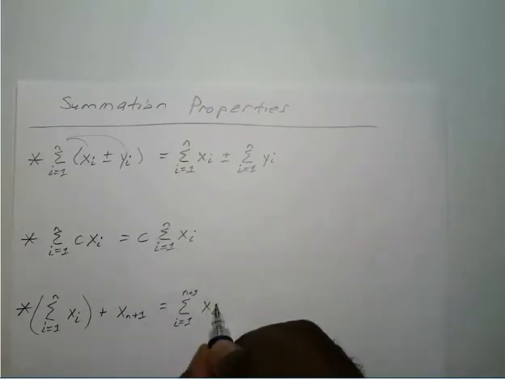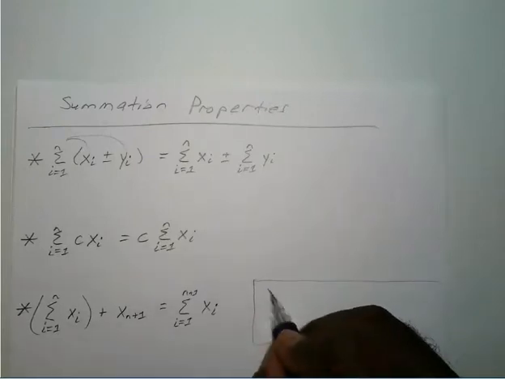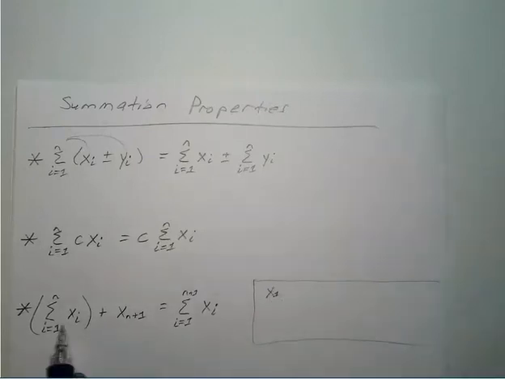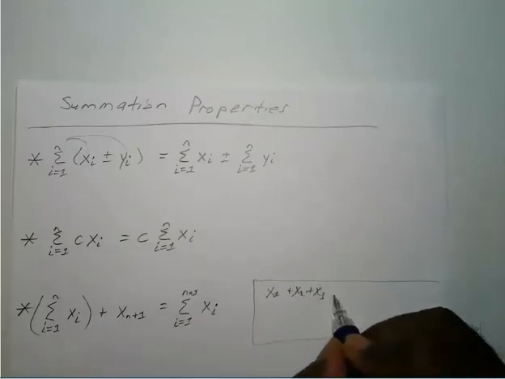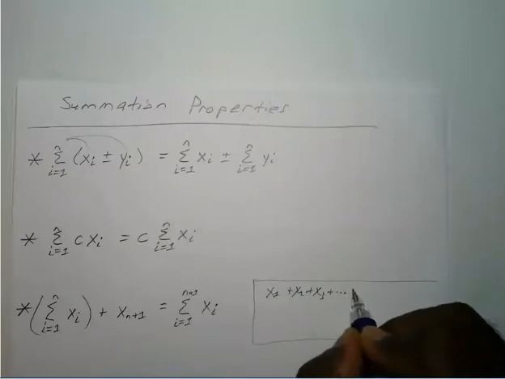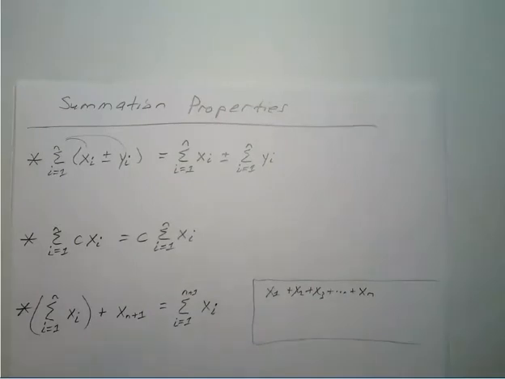Just to give a quick explanation as to why that's so, if you replace i with 1 here, you'll get x of 1. Replace i with 2, you have x of 2 plus x of 3, and it'll keep on going all the way until you reach x of n. Now, you're also going to add x of n plus 1.